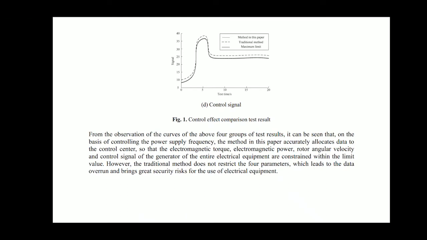From the observation of the curves of the above 4 groups of test results, it can be seen that on the basis of controlling the power supply frequency, the method in this paper accurately allocated data to the control center, so that the electromagnetic power, rotor angular velocity, and control signal of the generator of the entire electrical equipment are constrained within the limited value.